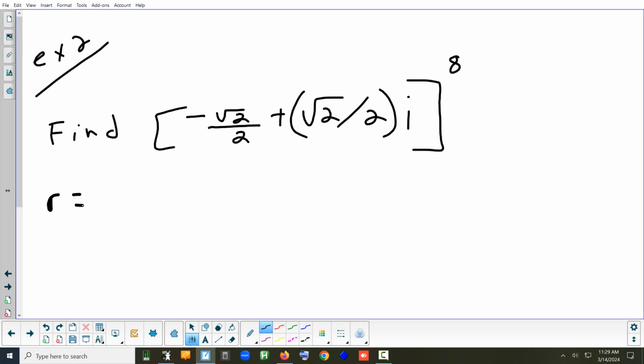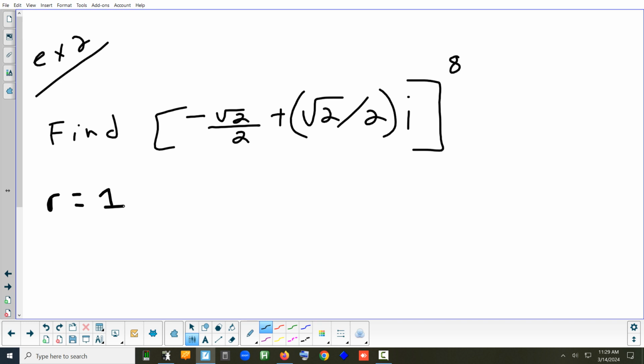It's -√2 over 2, comma, √2 over 2. What kind of circle is that coordinate on? It's a common 45. Yep. Radius first, but we'll talk about the angle in a second. But you are right, the radius here is 1.